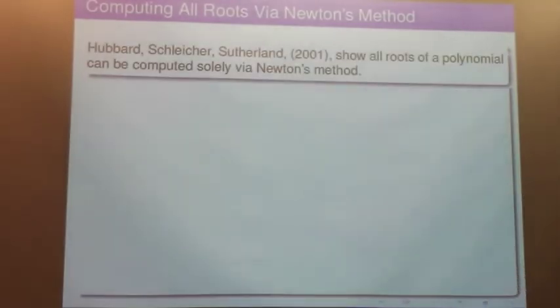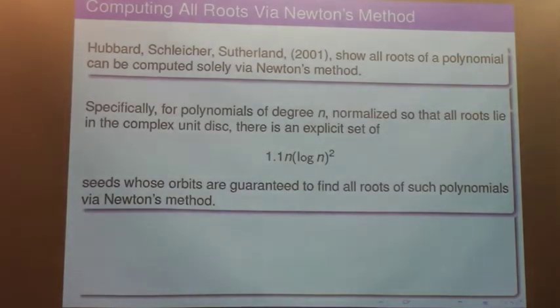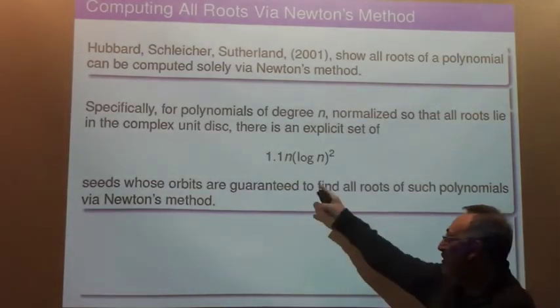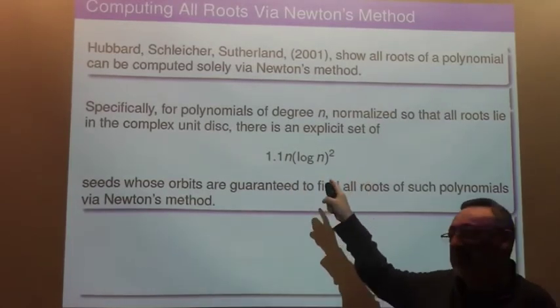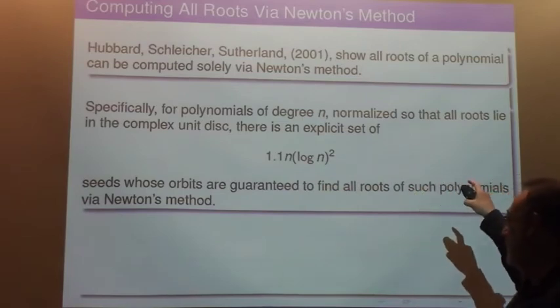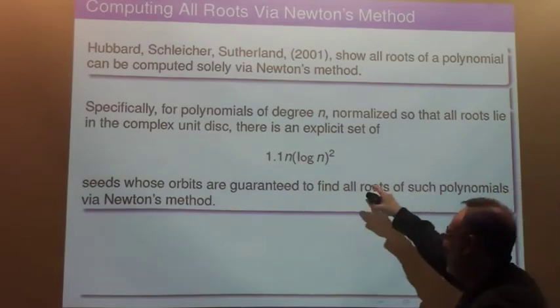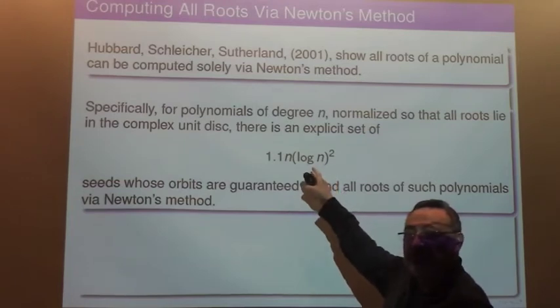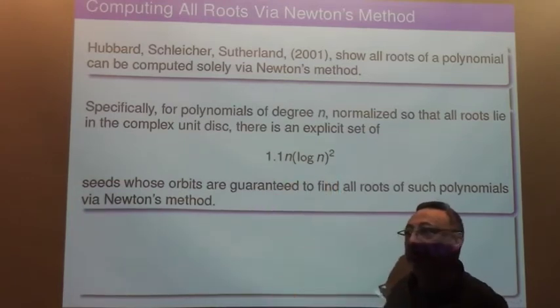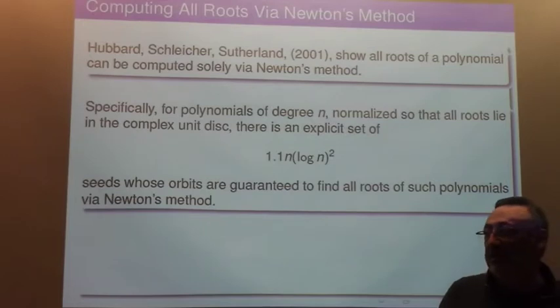For instance, for computing all roots of polynomials, there is a paper by these authors in 2001, where they show, using sophisticated mathematics from dynamical systems, that there is a set of this many points such that if you start Newton's method from these, it will converge to all the roots of the polynomial.